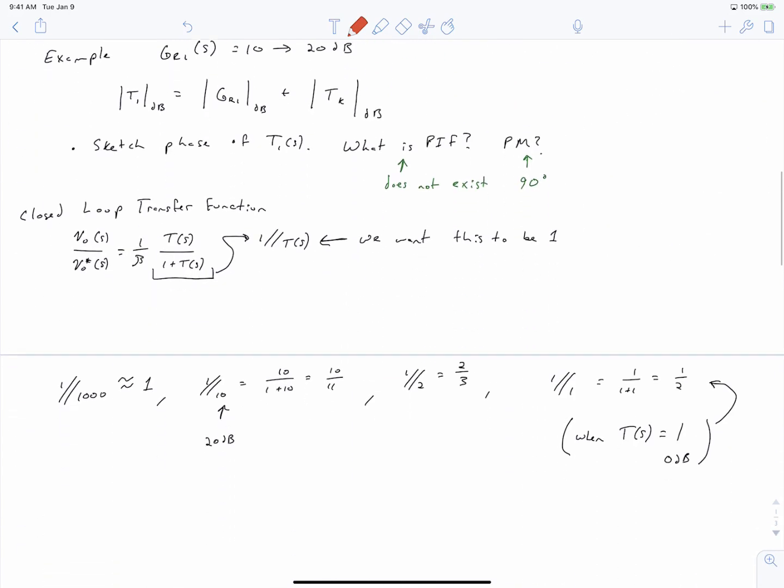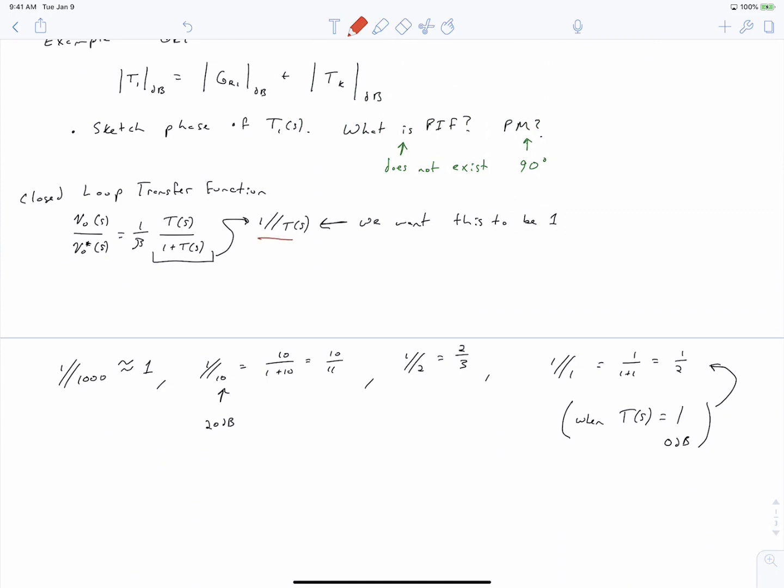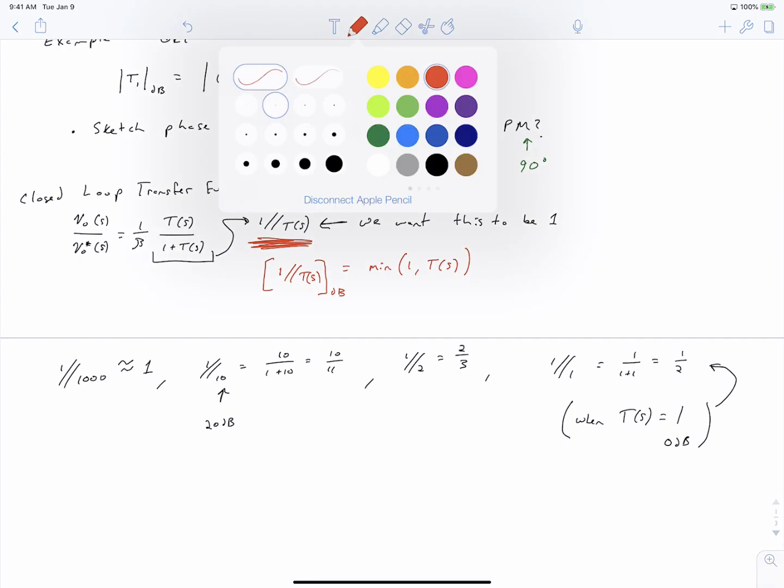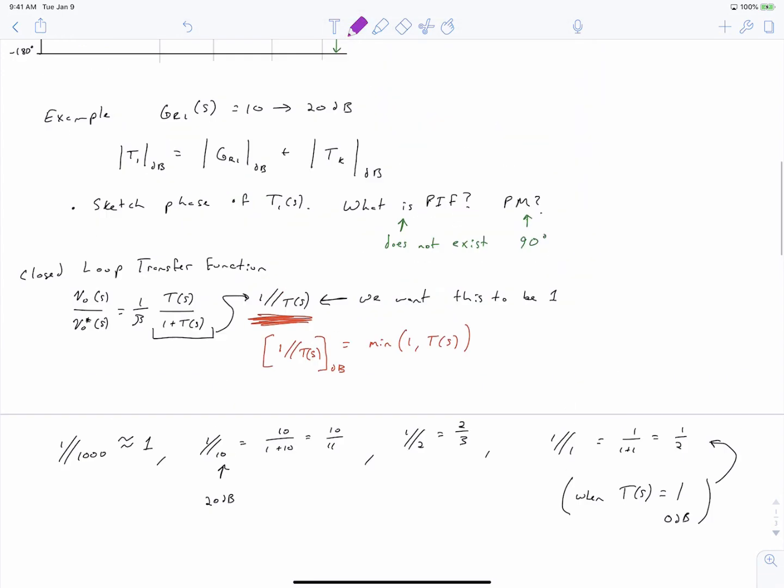And we can take this one step further. We can notice that we're talking about, again, 1 in parallel with T of S, and we know how to do that operation on the Bode plot. We talked about the parallel operation in our operative transformation video, and the parallel operation is, if you have 1 in parallel with T of S, that means that your decibel plot is going to be equal to the minimum of 1 and T of S. So I know I just did this in red, but let's put in our decibel plot in purple.